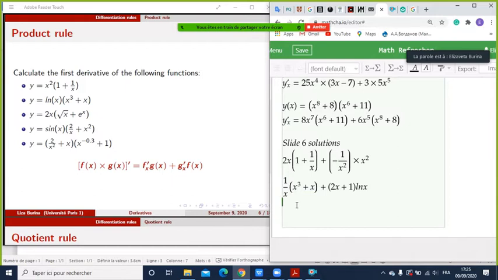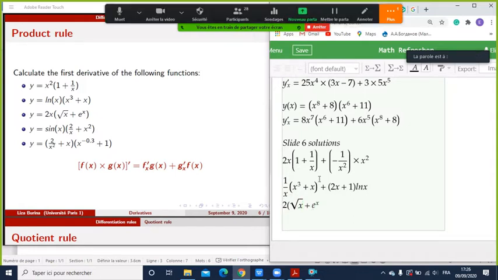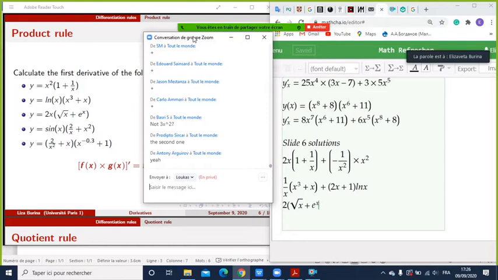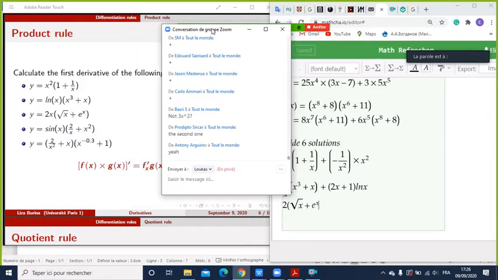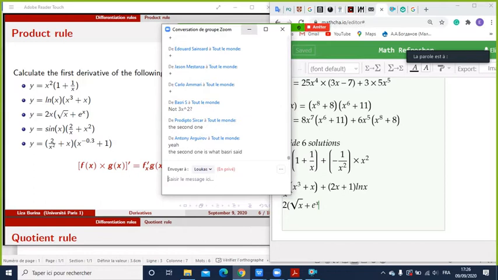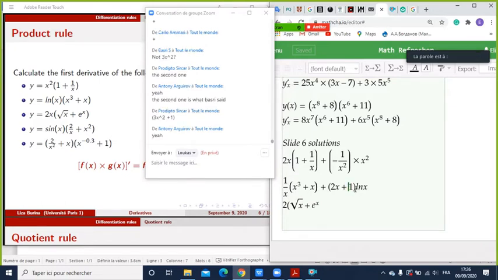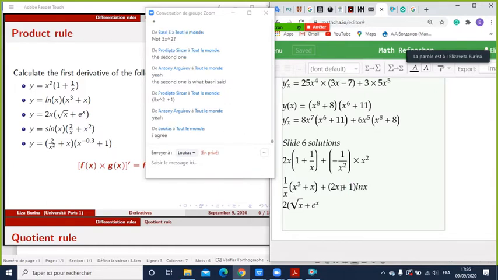Okay, then the third one will be 2 times the square root of x plus e to the power of x. Yeah, if I'm writing something wrong, you should tell me. The second one, this one.